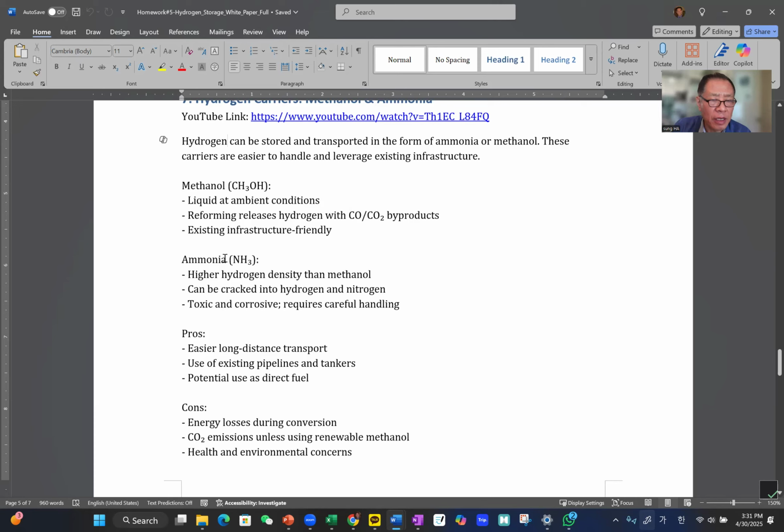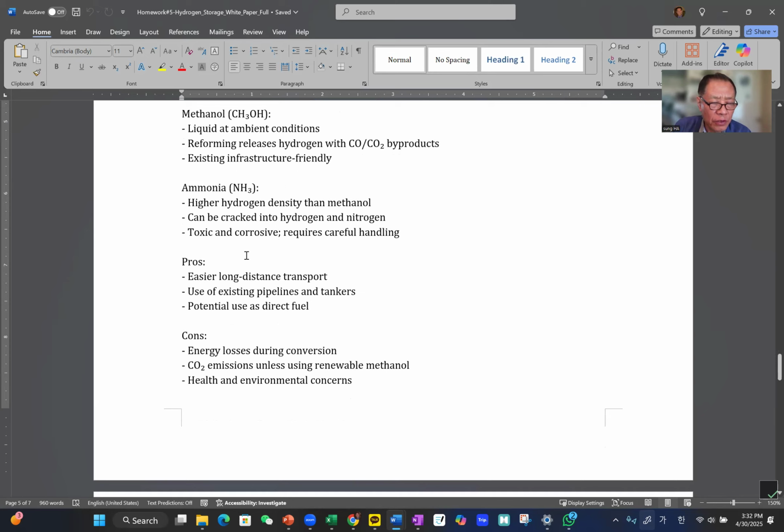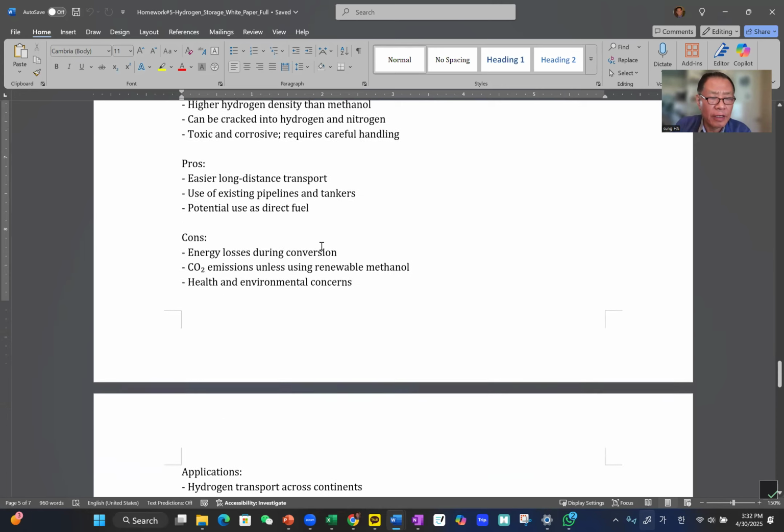Ammonia itself is very safe at room temperature, so we carry the hydrogen in the form of ammonia, and then we crack it into hydrogen and nitrogen. But unfortunately, this ammonia can be very toxic and requires very careful handling.